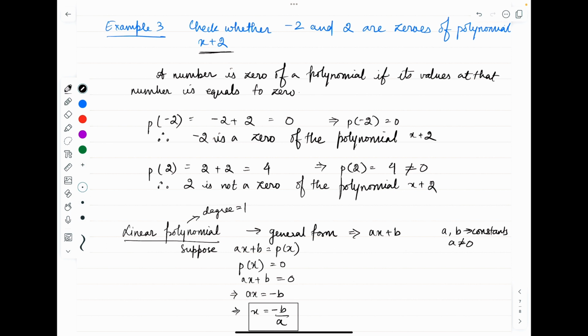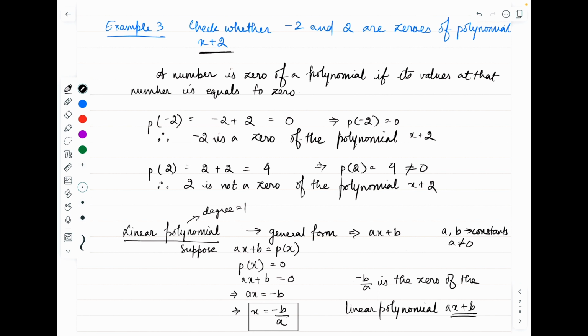So we can see that minus b by a is a zero of the polynomial, the zero of the linear polynomial ax plus b.